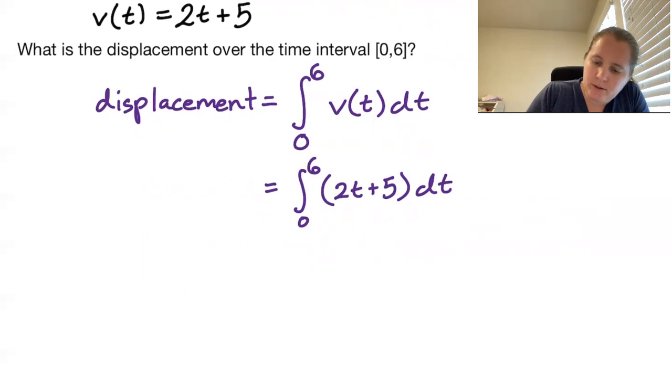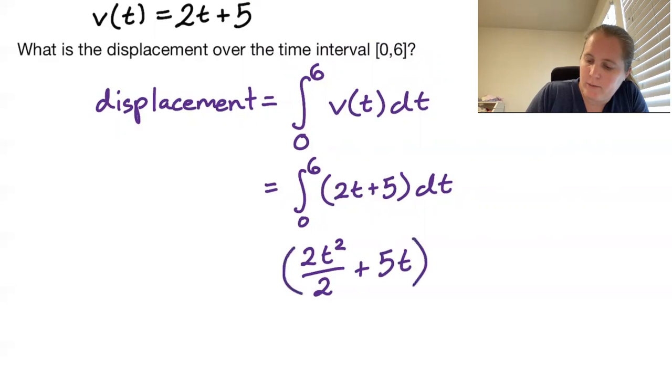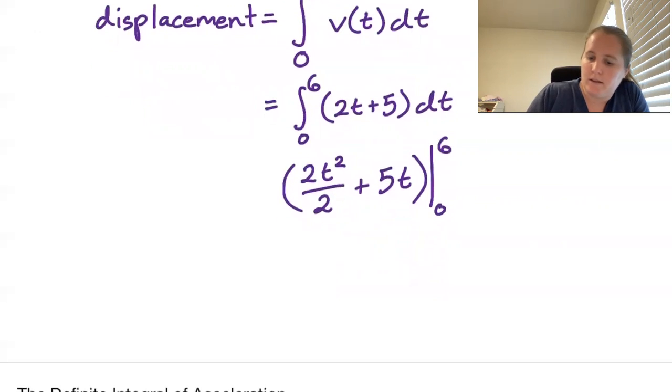So 2t would go to 2t squared divided by our new power 2. And then we'd have plus 5t. And we're going to evaluate from 0 to 6. This becomes just t squared plus 5t evaluated from 0 to 6.